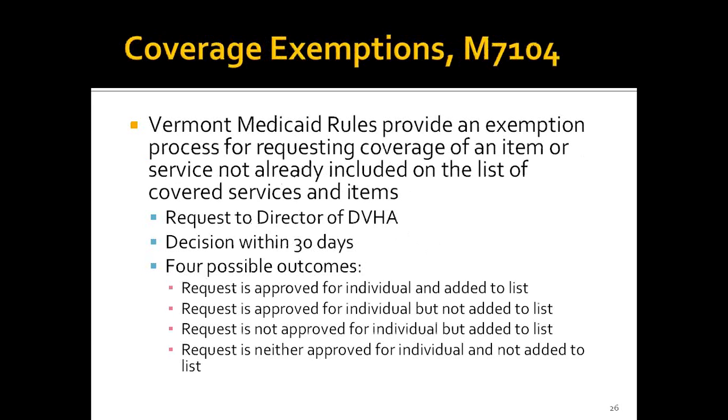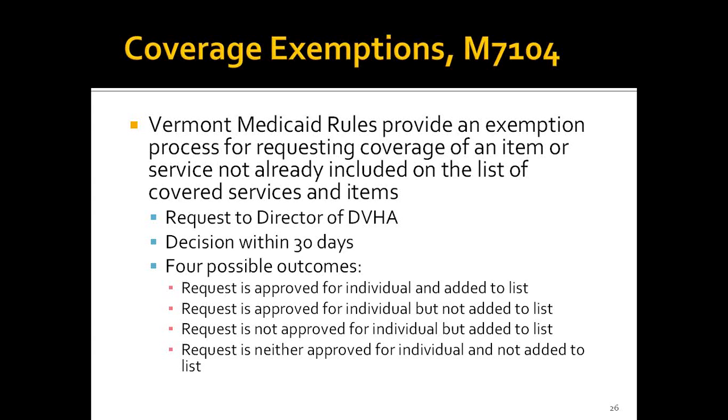So let's talk for a minute about the coverage exemptions. What I said earlier is that there are these pre-approved lists, but the lists are not exclusive, they are not exhaustive. In the Vermont Medicaid regulations, there is a provision that applies both to children and adults called an M7104 exemption process.